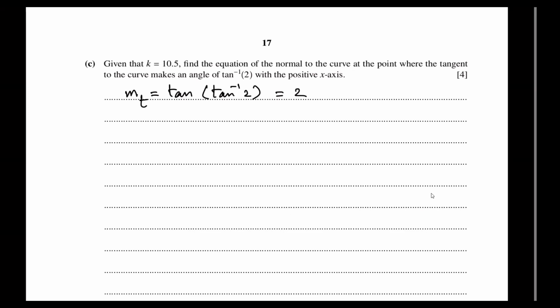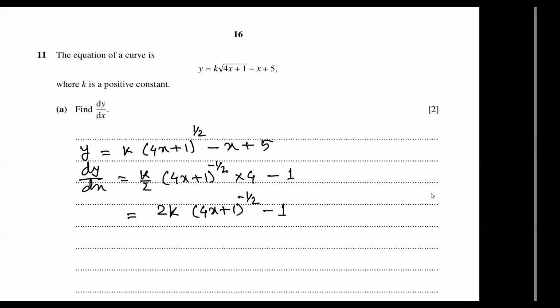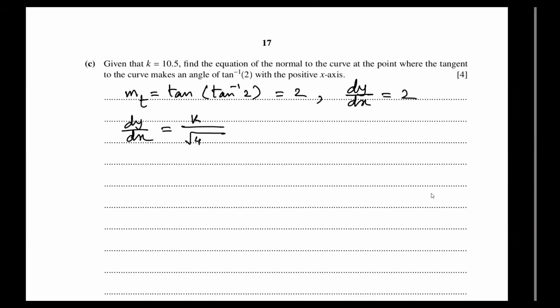So the gradient of the curve at that point is 2. Now the gradient of the curve is 2k by the root of 4x plus 1, minus 1. This is equal to 2, and k is 10.5.